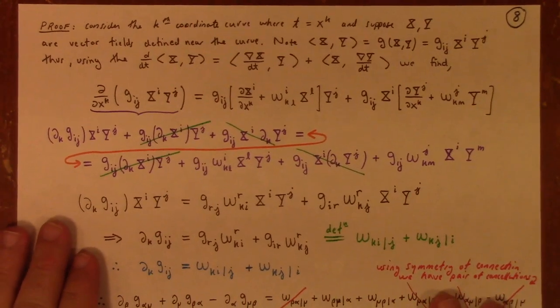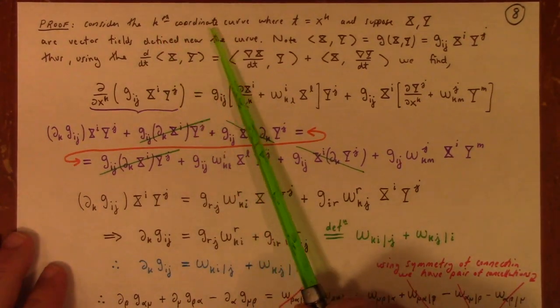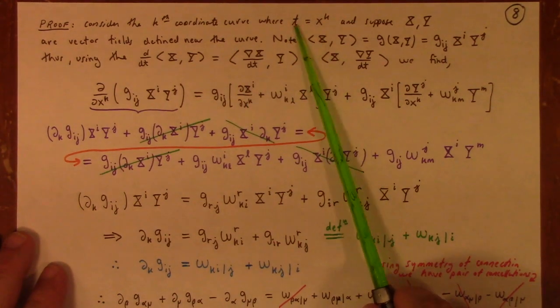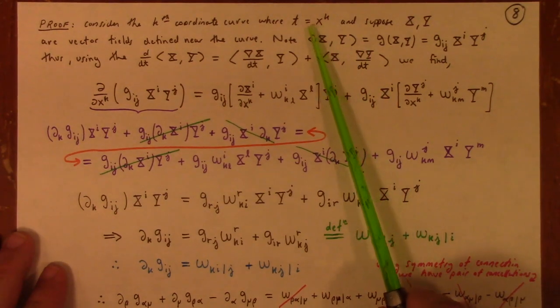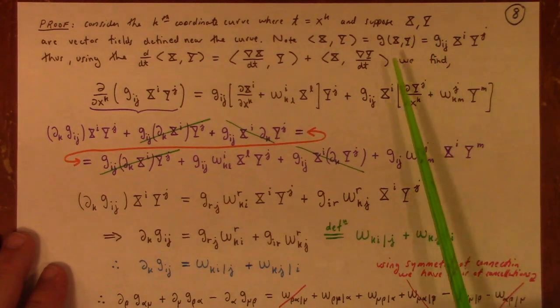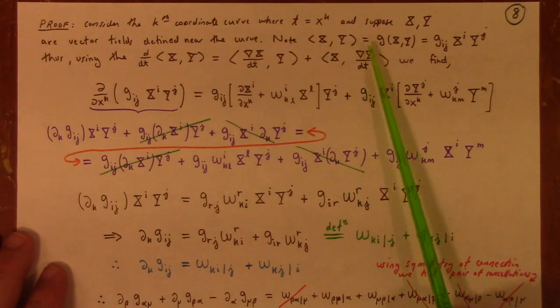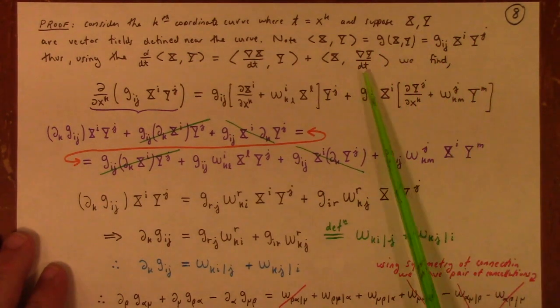So here's the proof. We consider the kth coordinate curve, where the parameter is t equals xk, right? So if you differentiate with respect to t, that's taking the partial derivative with respect to xk, actually. And notice that x bracket y is really gij contracted across xi yj.